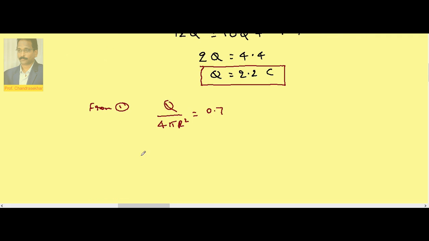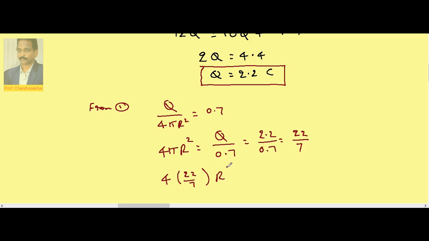Now substitution, 4 pi r square is equal to q by 0.7. q is 2.2, so multiply denominator and numerator by 10. I can write it as 22 by 7. So 4 into 22 by 7 into r square is equal to 22 by 7. So on both sides it is possible to cancel 22 by 7.